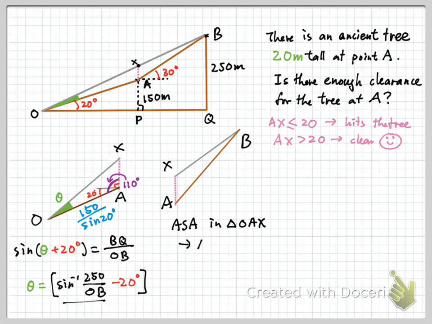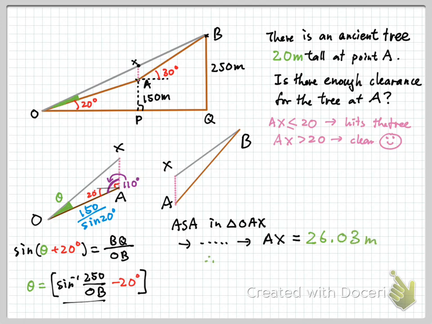Of course, there needs to be some calculation inside, but I hope you can find AX from here. Can you do that on your own? According to my calculation, AX is 26.03 meters.